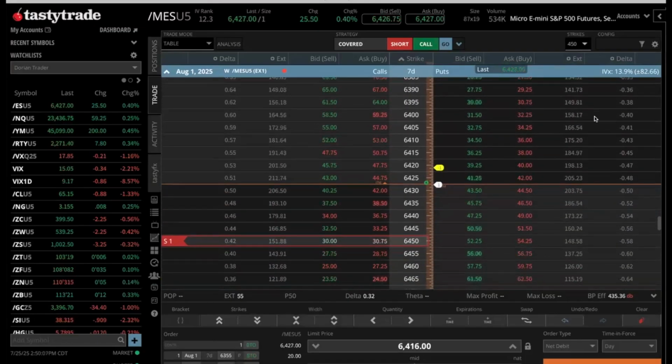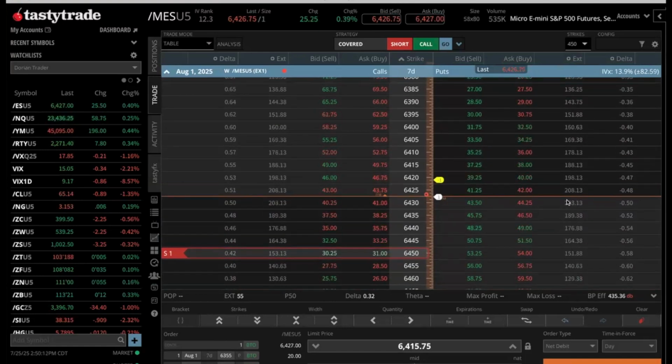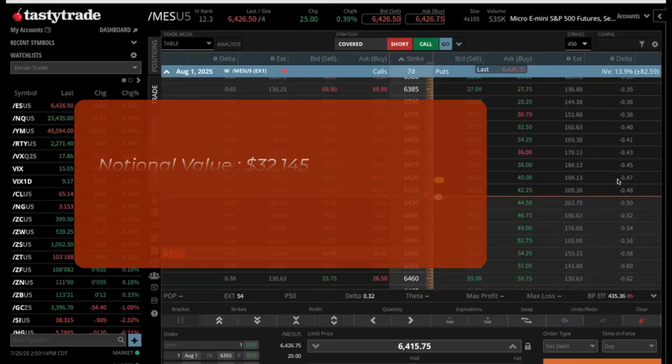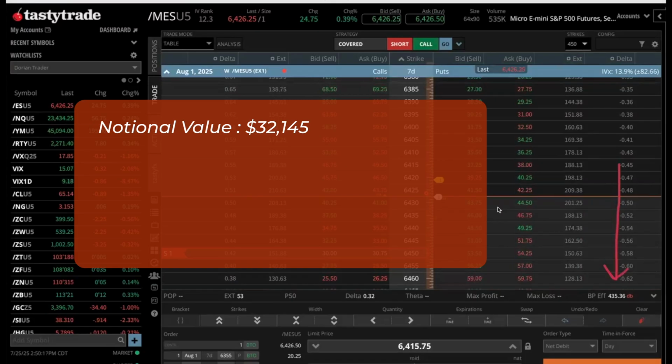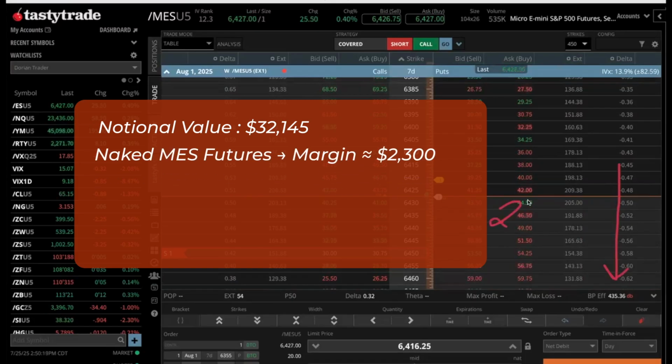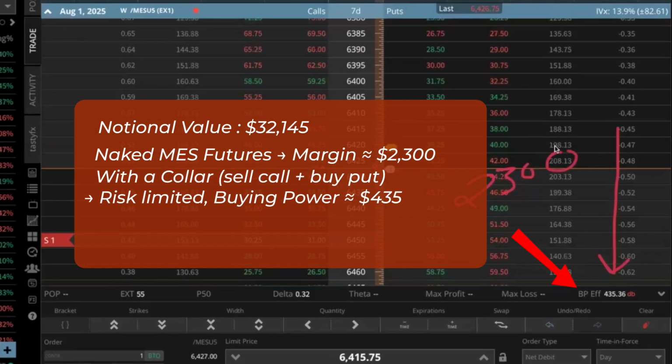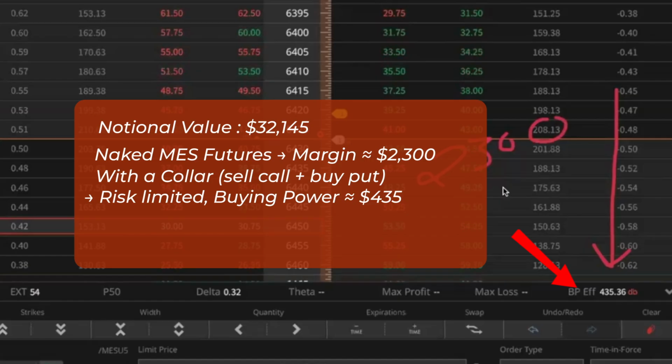Okay. So in this example here, because I'm collaring this off, the buying power went from $2,300, which was already really, really good because the notional value is a little over $32,000. But when we collar it off, look at this buying power that's required in this account. In your account, it might be less, it might be a little more than that, but it's still going to be a very, very low amount based on what you are controlling.